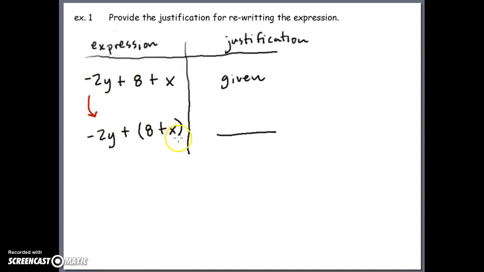The order that they appear has not changed. However, the order that we perform them, or the way that they're grouped, has. Instead of adding from left to right, we're going to add these two terms first, and then we'll add the term that appears first. So what allows us to group them this way? Commutative property. Nope, sorry, that's not the commutative property. The associative property of addition.